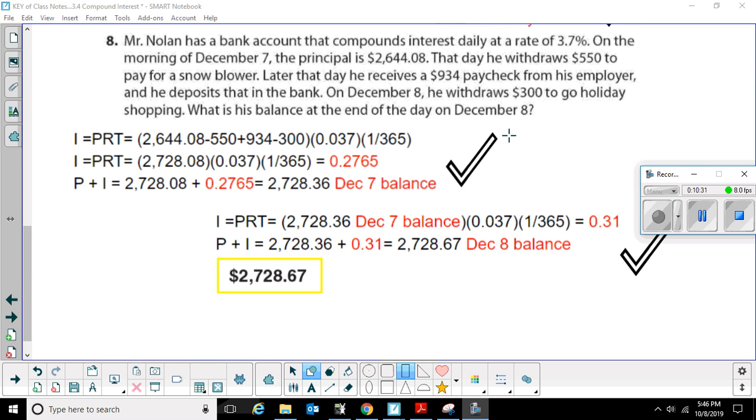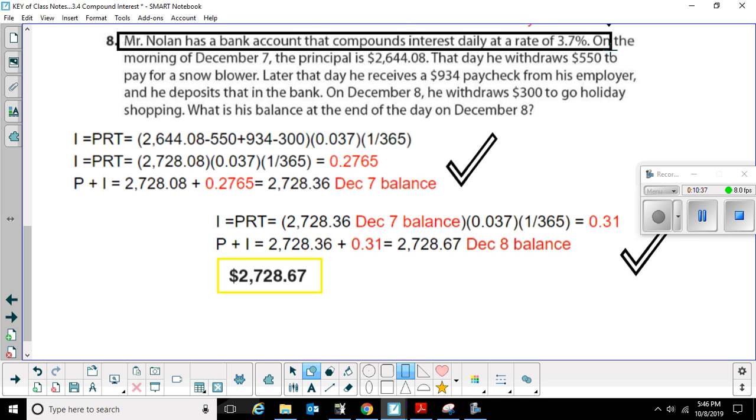Number 8, my final problem before we wrap this up. We have Mr. Dolan. He has a rate of 3.7%. We know that on December 7th, his principal is 2,000 some odd dollars.